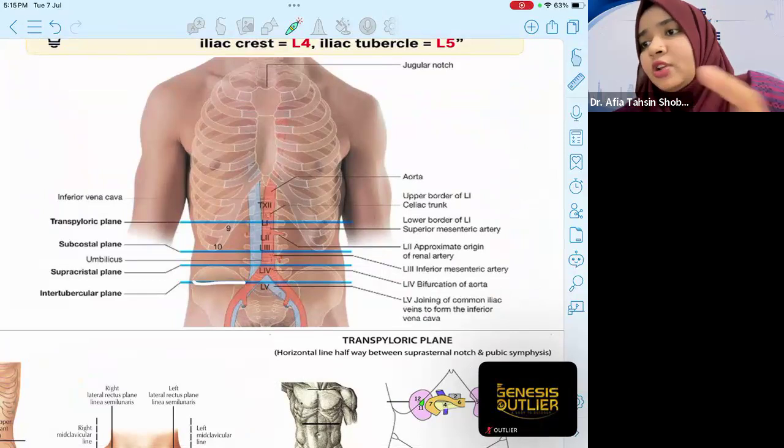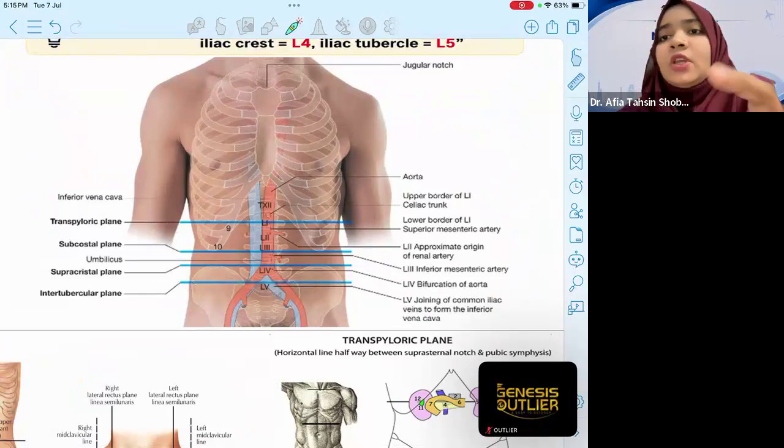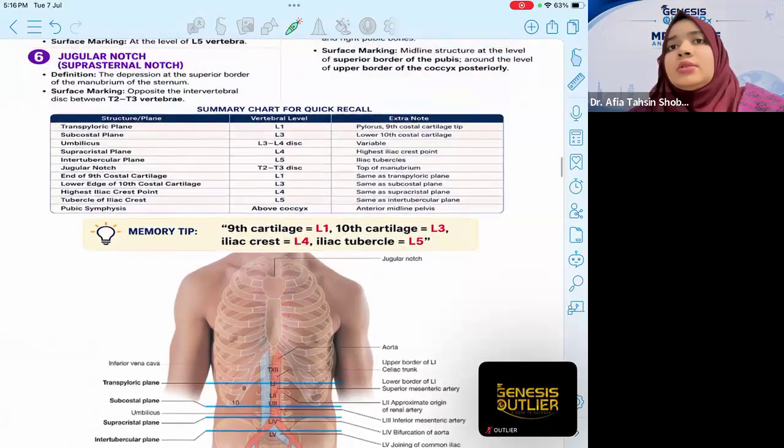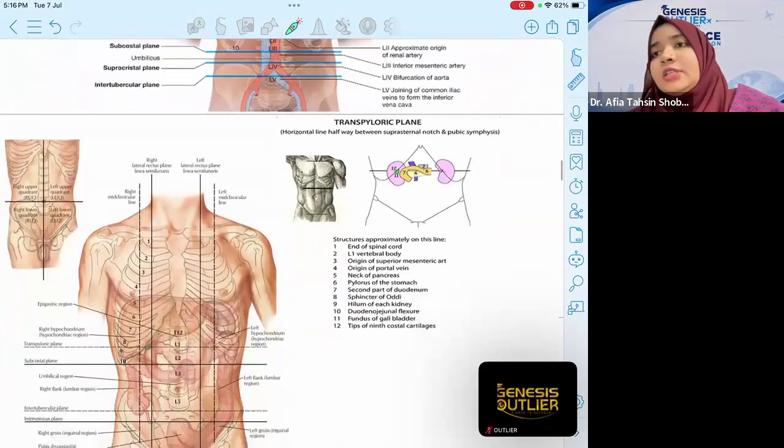This line is joining the common iliac veins to form the inferior vena cava. So for exam, you need to know the transpyloric plane, subcostal plane, and supracristal plane. Okay. Transpyloric plane vertebral level is L1, subcostal L3, and supracristal is L4. Supracristal, it is needed. I'm telling you.